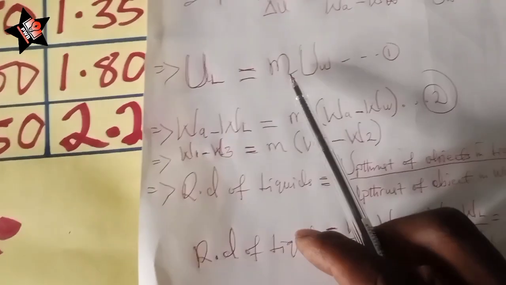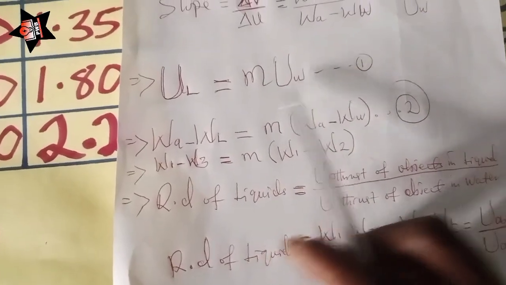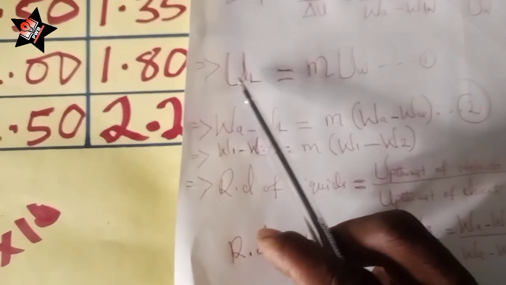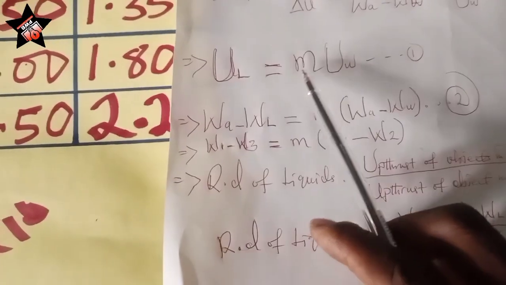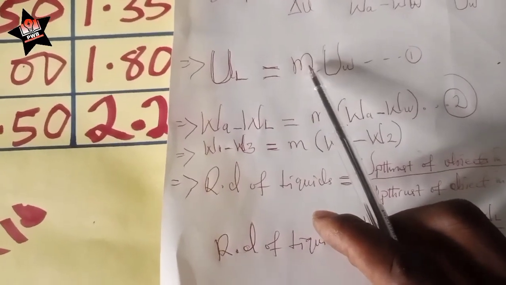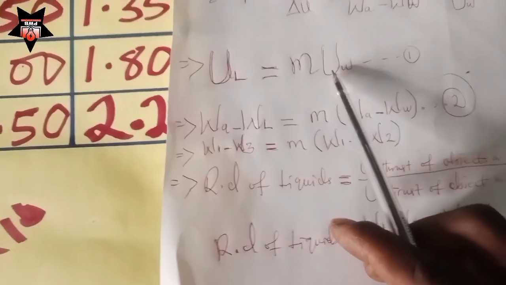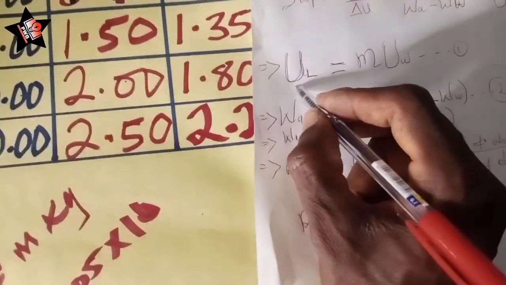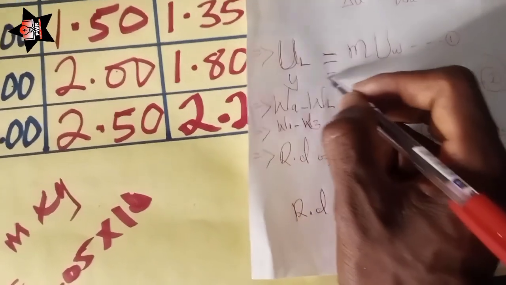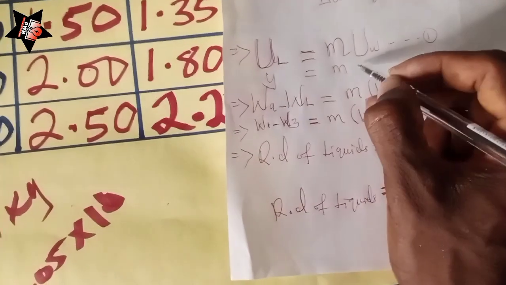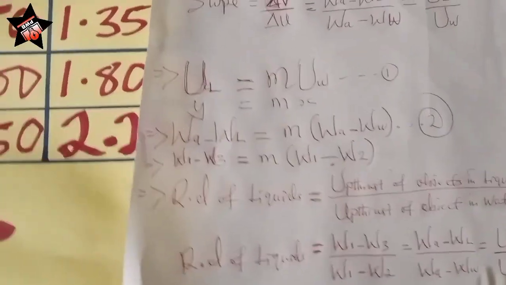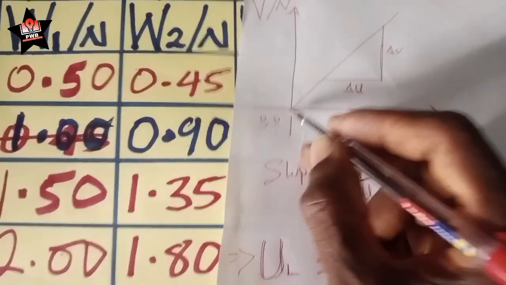So this is the equation. UL is equal to MUW, that is, the upthrust of the object in liquid is equal to the mass and the slope of the graph times the upthrust of the object in water. This particular equation looks like y equals mx, a straight line equation with no intercept, where the graph is passing through the origin.